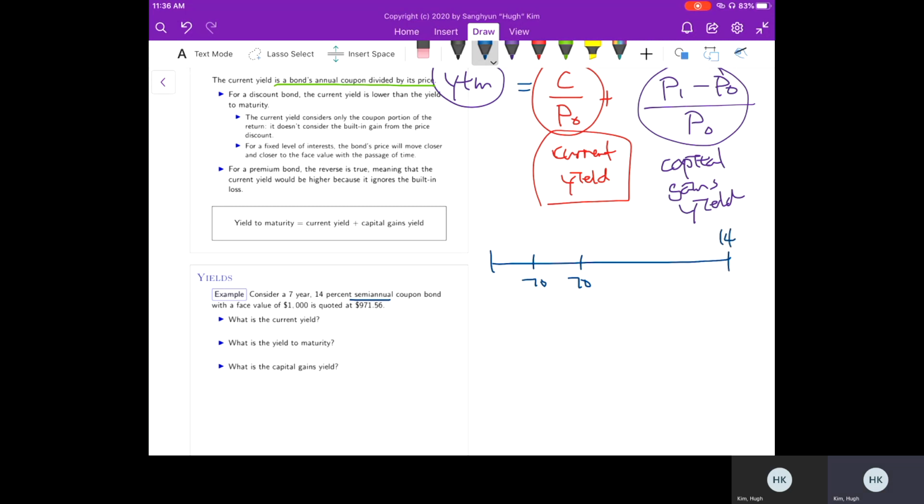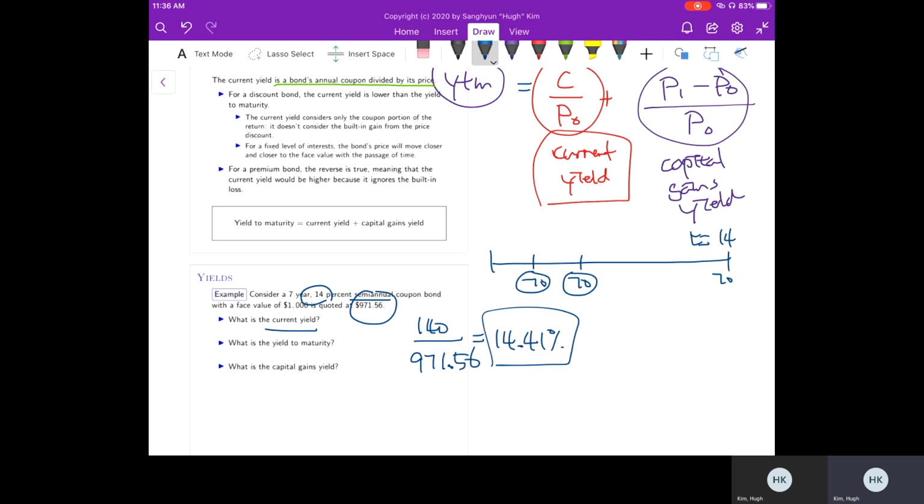So the T is 14. And the annual coupon is 140, so 14% of the face value. So current yield would be 140 divided by the current price, 971.56, which is 14.41%. So that's the current yield.